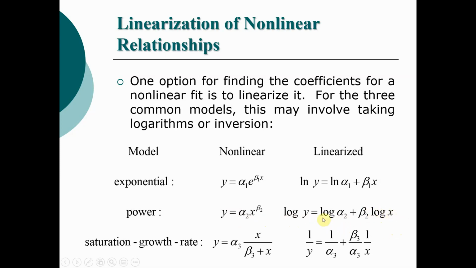If I call this one capital Y and I call log x capital X, we would have a linear relationship between capital Y and capital X. Then I can apply linear curve fitting on this function, and I can calculate log of alpha 2 and beta 2 using polyfit of log x, log y, comma 1, and then based on that you can calculate alpha 2.